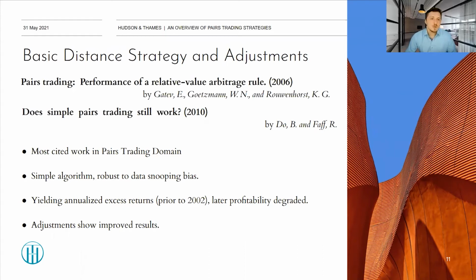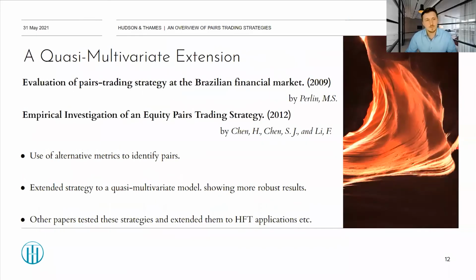What's the upside, though, is that a paper by Do and Faff, released in 2010, both does a great overview of the original strategy and proposes various adjustments to it, and those adjustments actually show improved returns and profitability. In general, it gave new breath to the standard method. More on that topic you can check out tomorrow in Joanne's presentation.